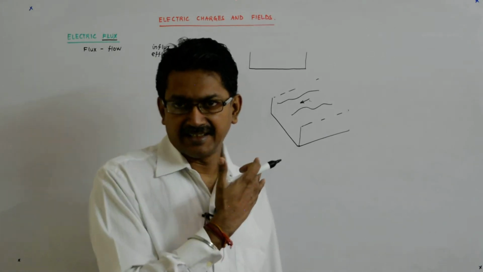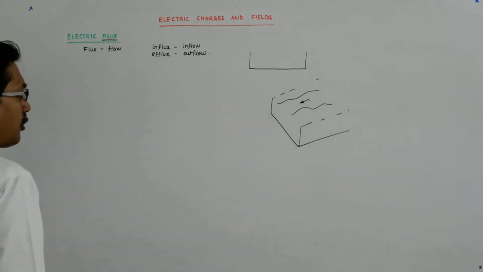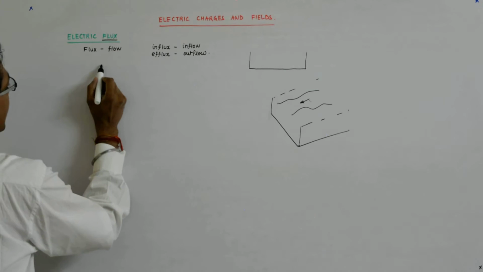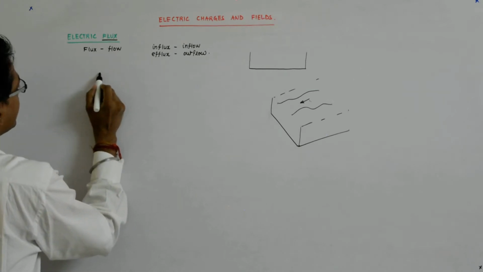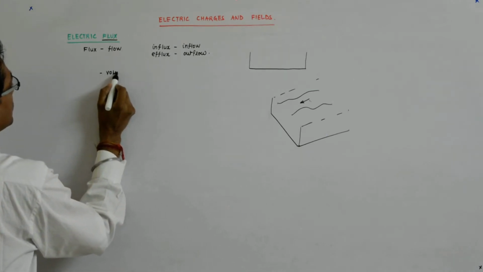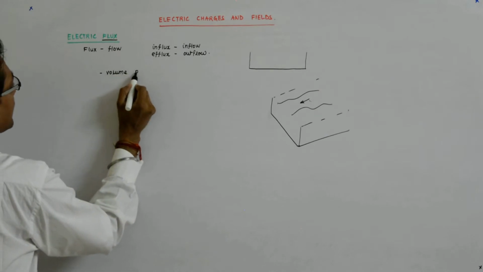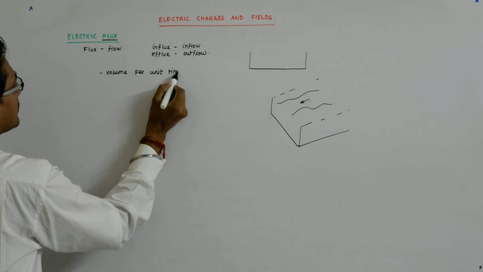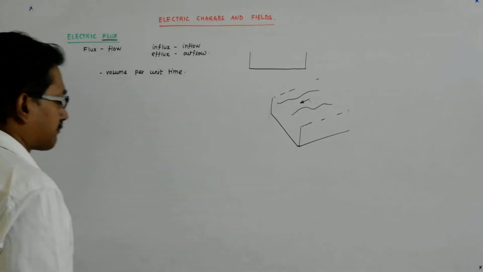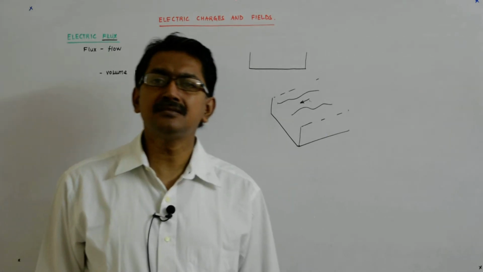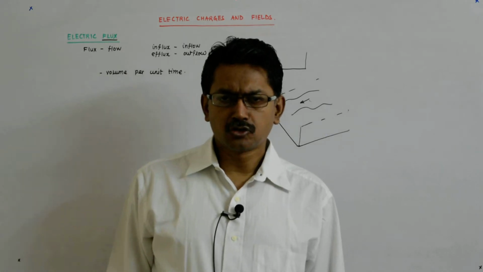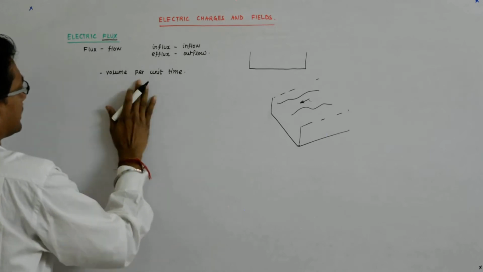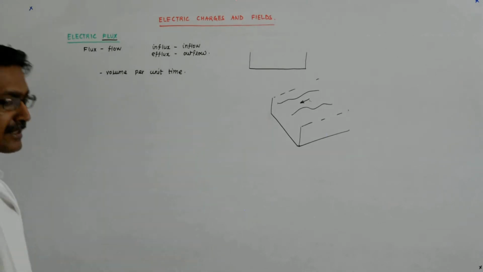So flux here for flow of water we'll define as volume per unit time, and our time is second. So I mean it is volume per second.